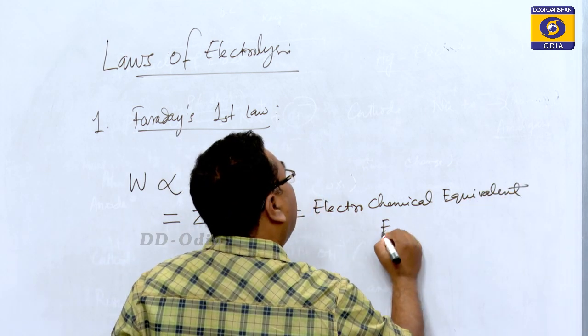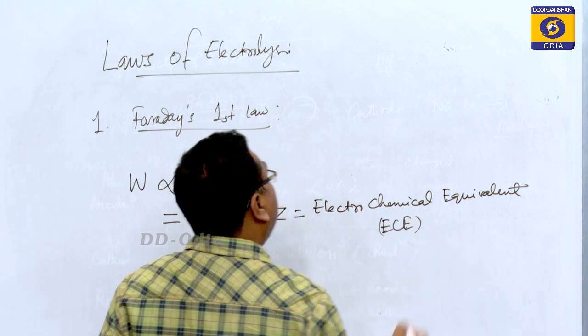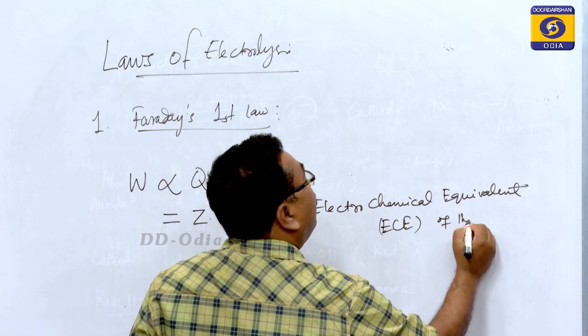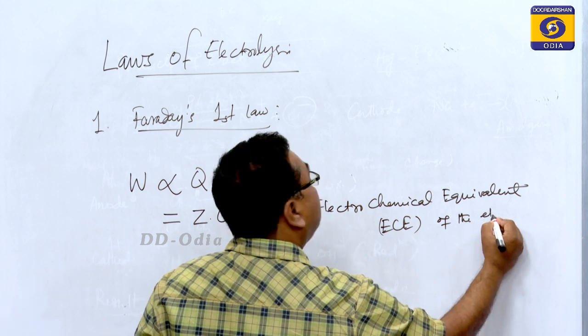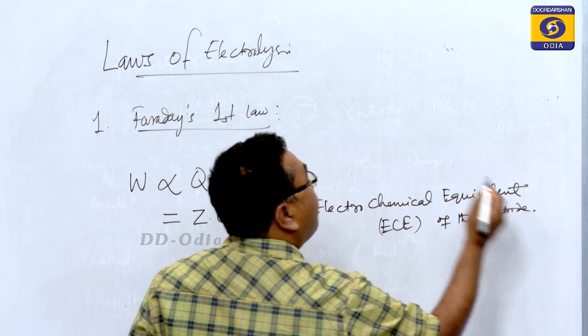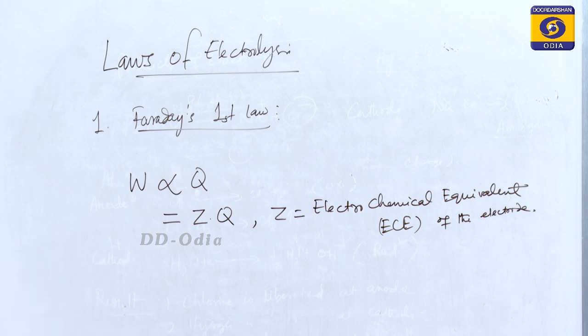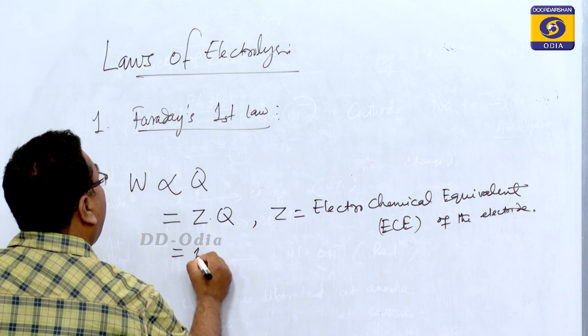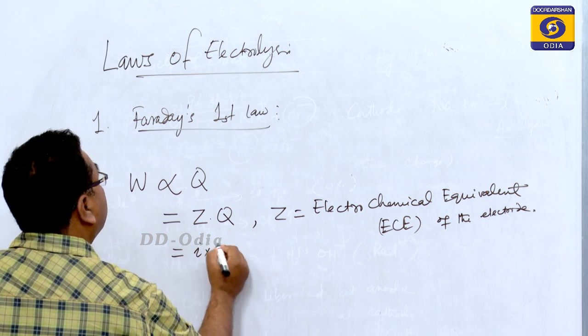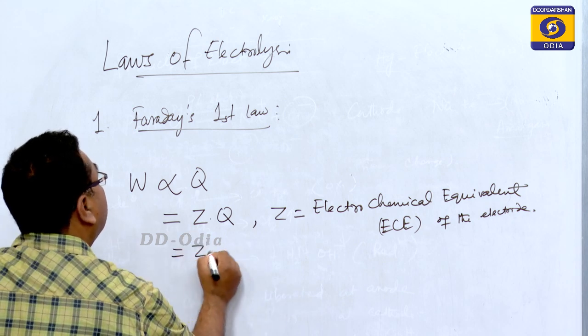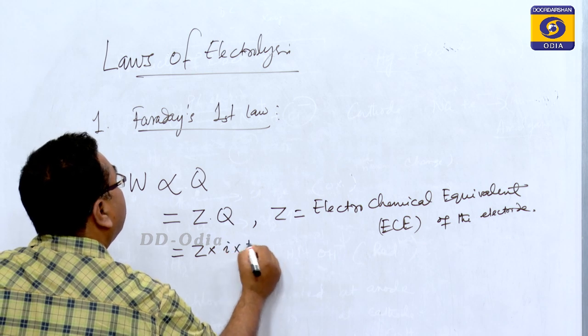Or very simply, ECE, the electrochemical equivalent of the electrode material. Then W is equal to Z multiplied by I into t.